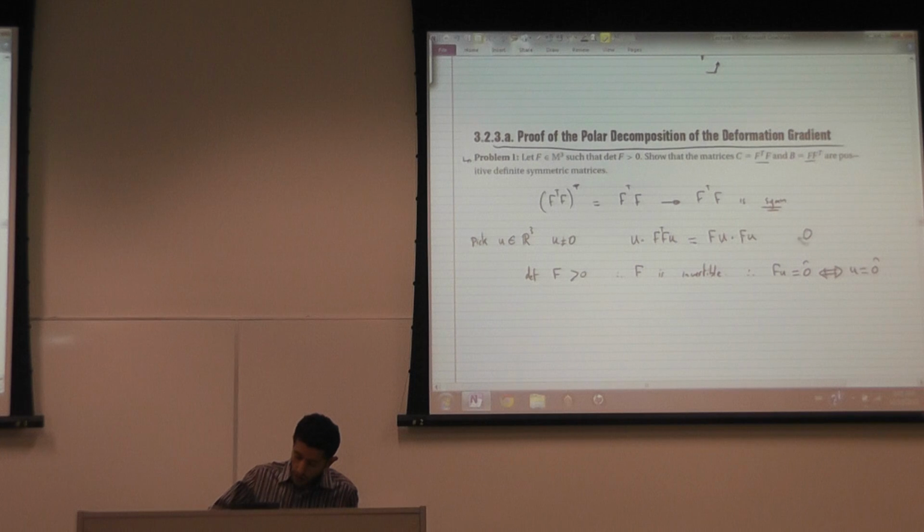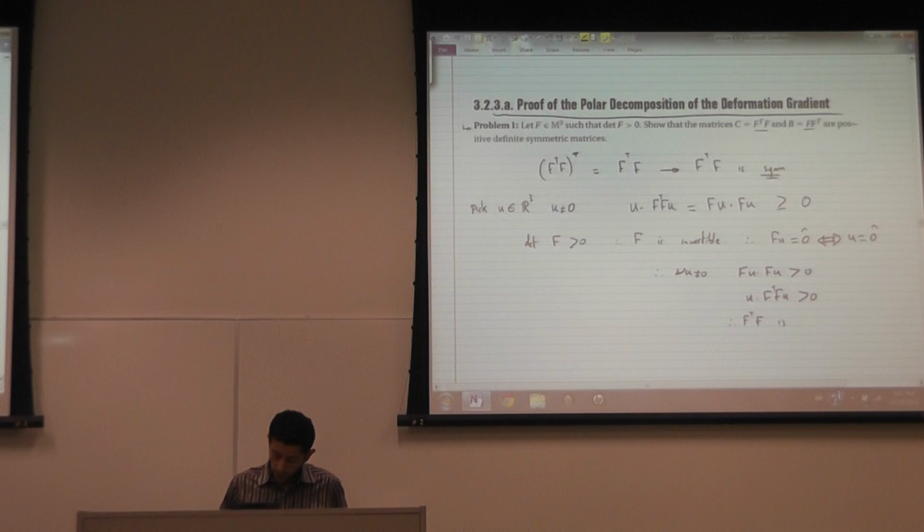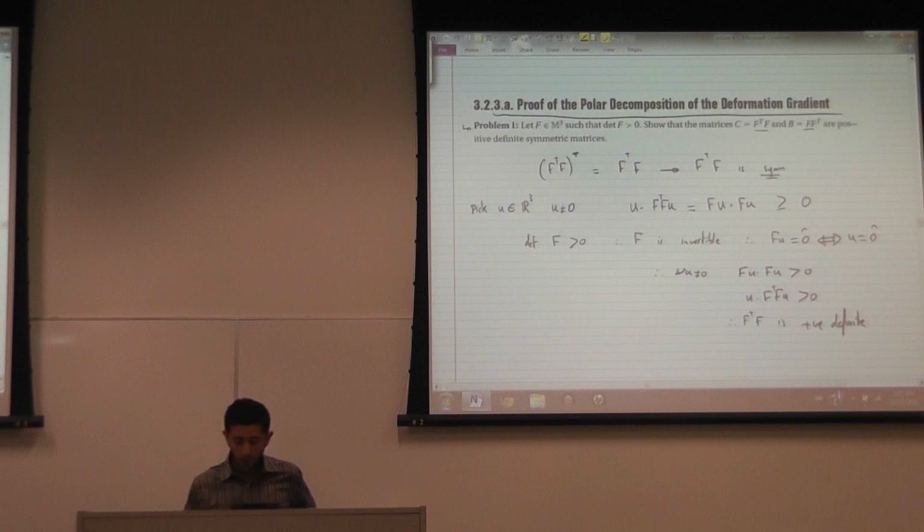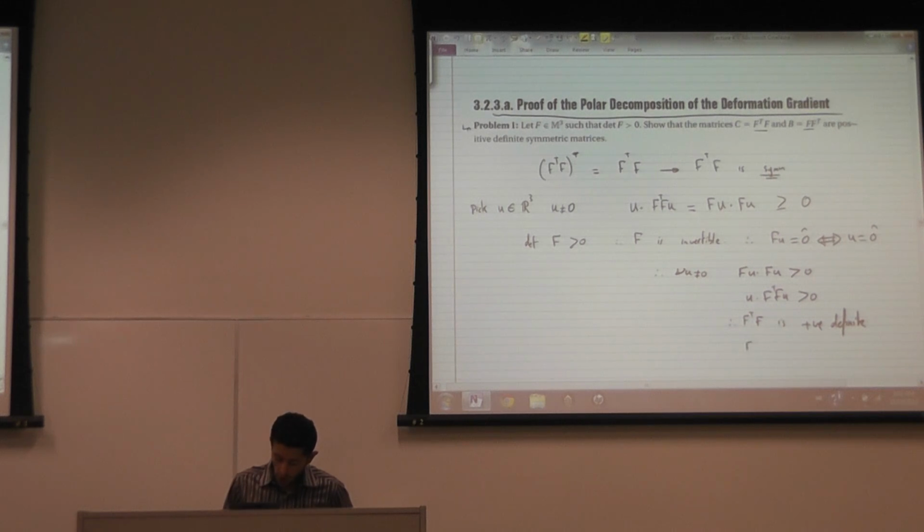Therefore, if U is not equal to 0, U of F transpose FU is greater than 0, so F transpose F is positive definite, and similarly we show that F F transpose is also positive definite.